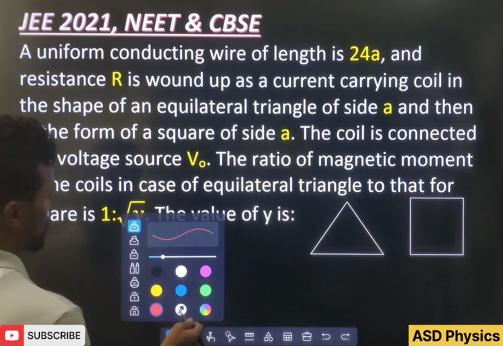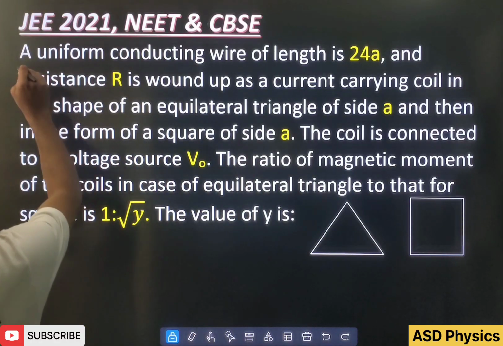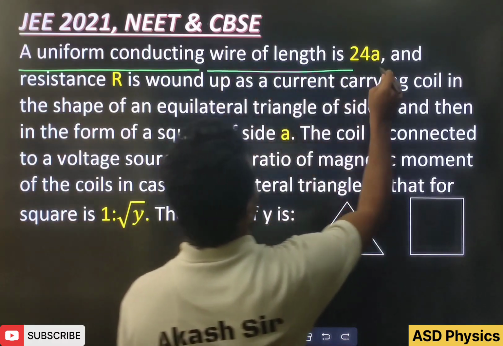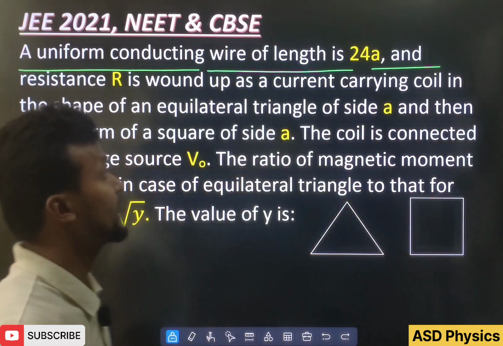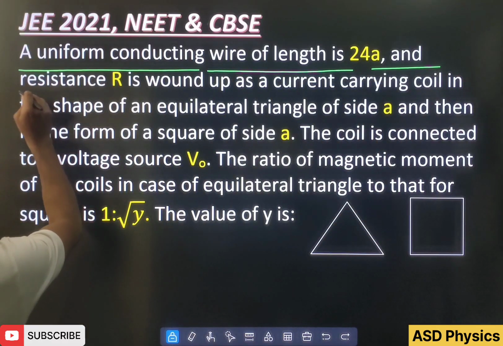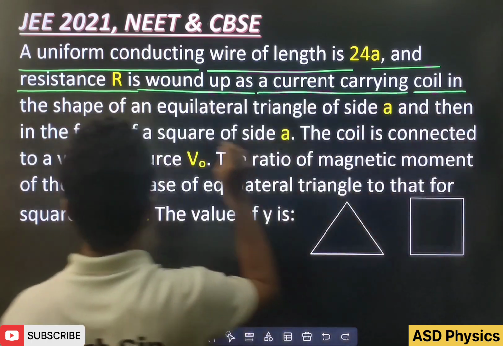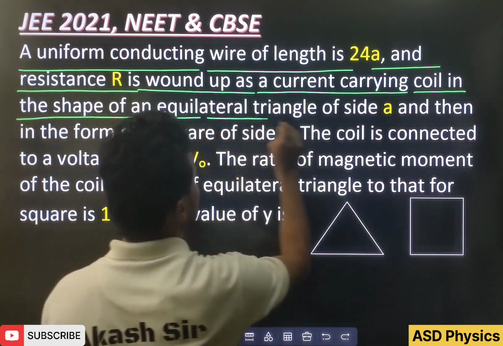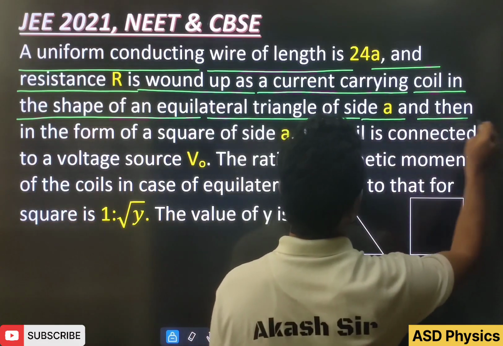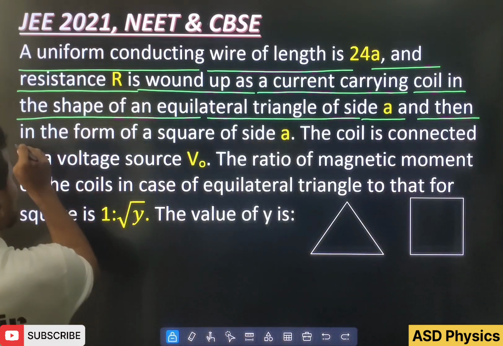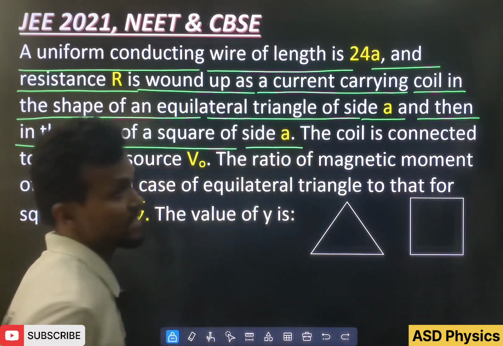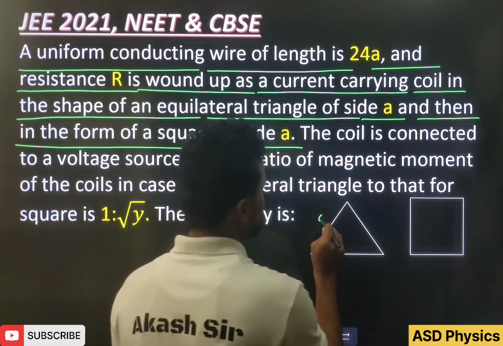Next one, let's see. The question is, see: a uniform conducting wire of length 24A and resistance R is wound up as a current carrying coil in the shape of an equilateral triangle of side A and then in the form of a square of side A. Okay, even in the triangle, what is there?